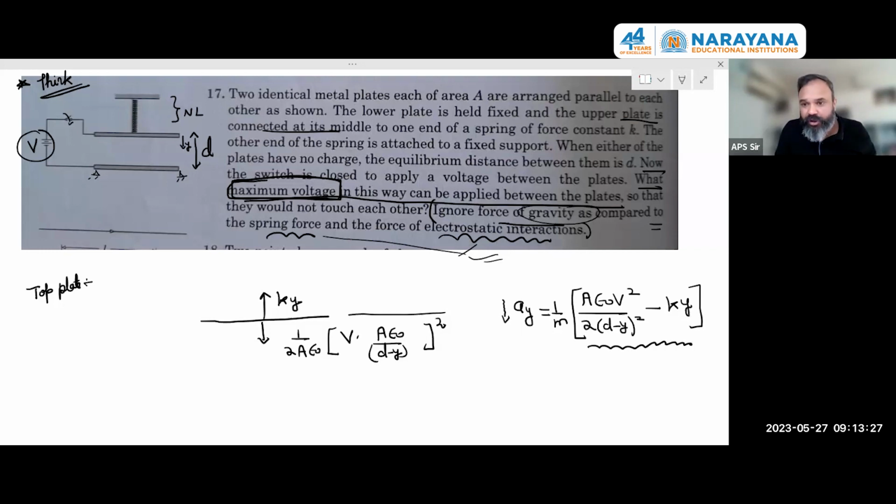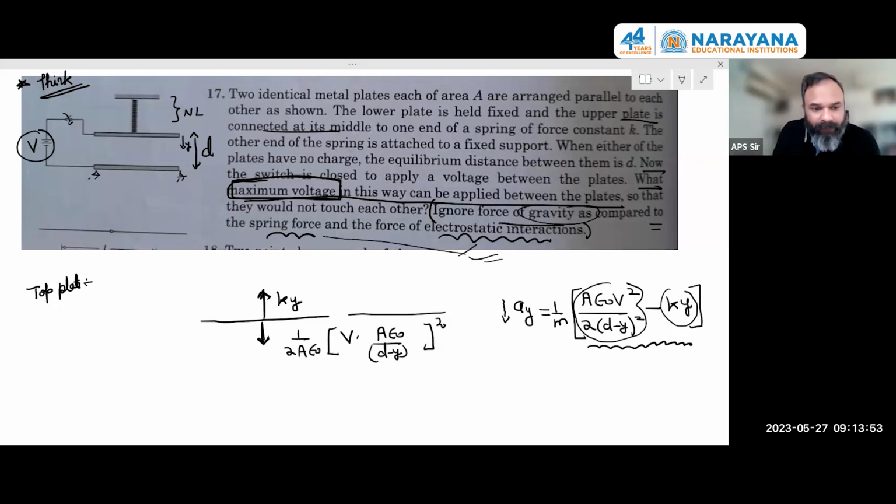Both these terms are functions of y. To begin with, when you start moving down, this force is increasing, and this one is also increasing, because the distance between the plates is reducing. So the electrostatic attraction is increasing and the spring force is also increasing.